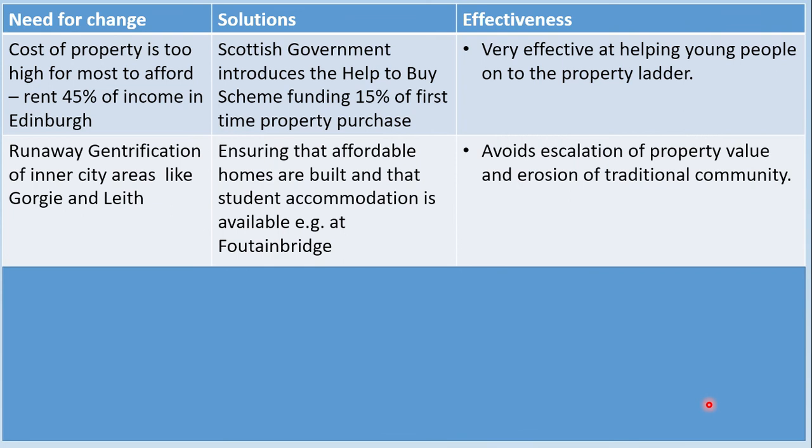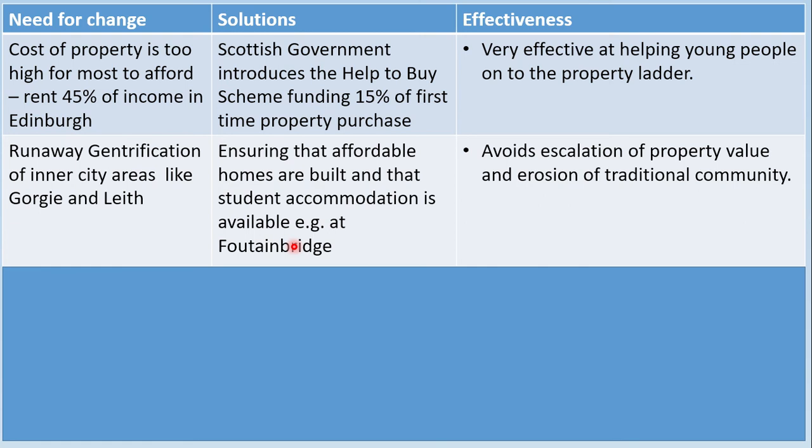Some areas like Gorgie and Leith have got so well regenerated that they've become really quite fashionable, and this leads to runaway house prices. The solution to this is to make sure, like at Fountain Bridge, which is just next to Gorgie, that any new houses that are built have to have affordable homes.